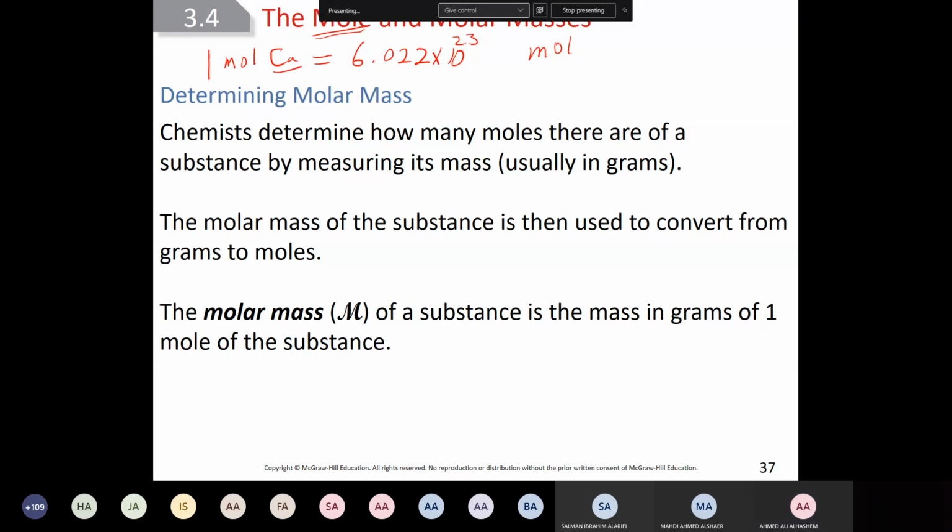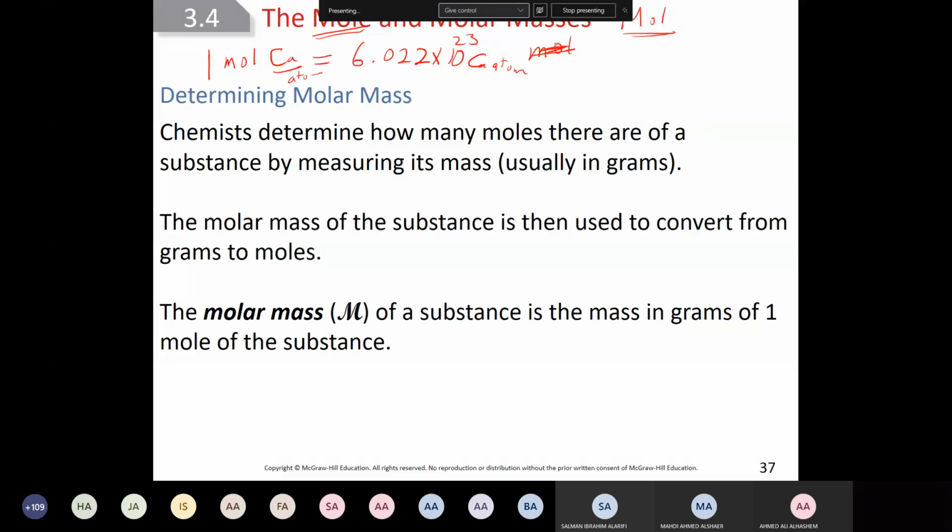Calcium atom. You should say the same unit. Clear? This is the first definition.